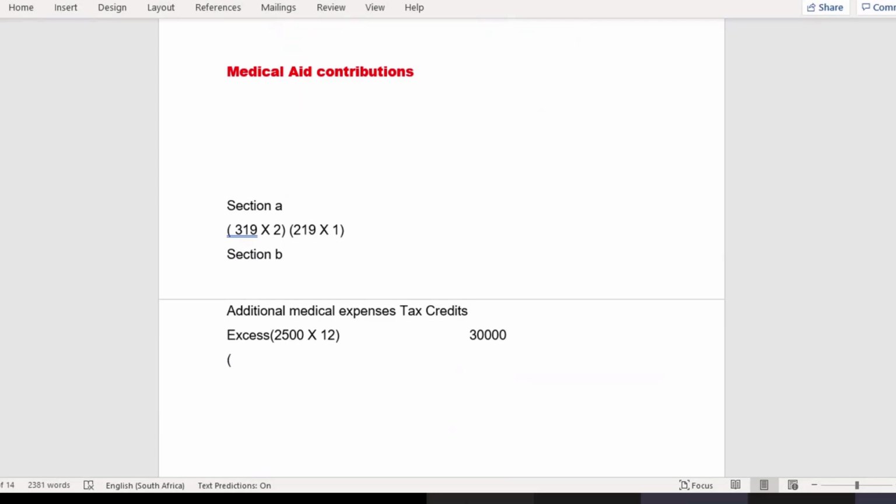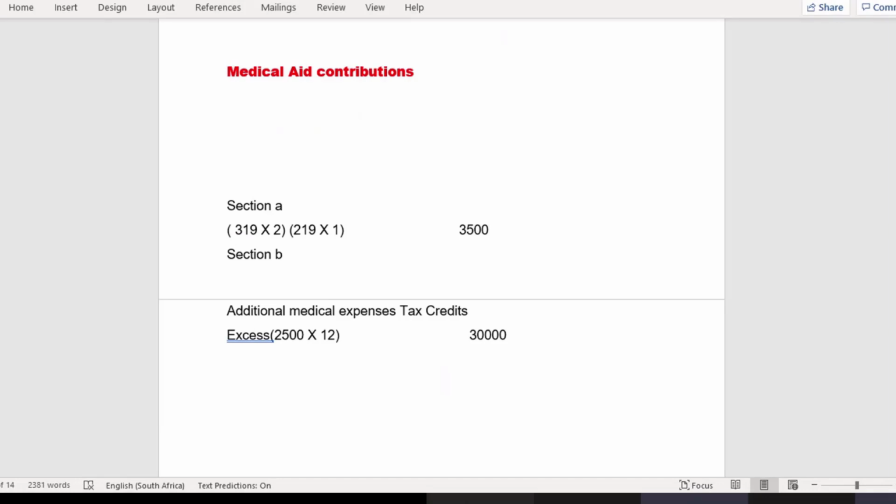Then from there, we did qualifying, and then we have to subtract 7.5. Is it 319 multiplied by 2 and 219 multiplied by 1? Yes. It gave an amount of how much?